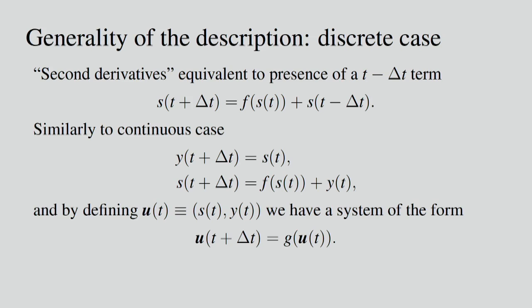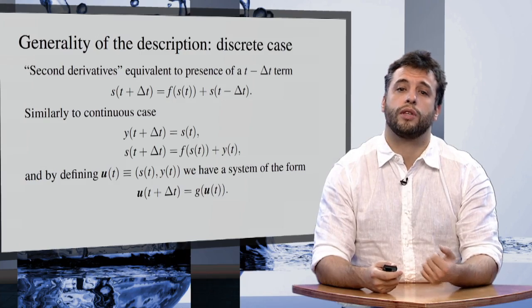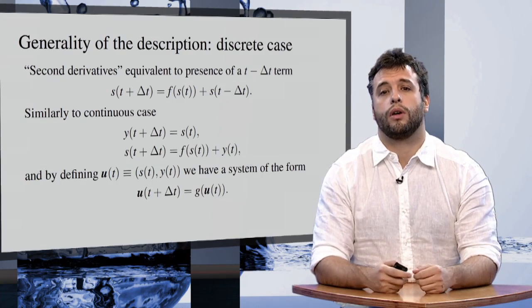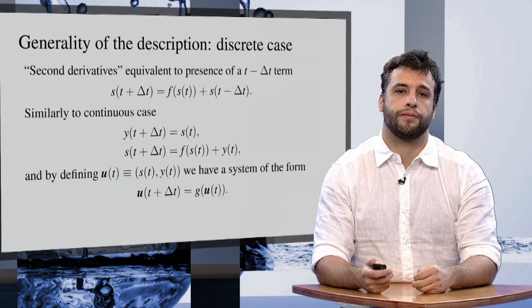Similarly to what we did for the continuous case, we simply define an extra variable, which is y again, and then very similarly, we can define a vector u, which is composed of s and y, and we can construct a dynamical system which has the usual form u of t plus delta t, which is equal to some function g of u.